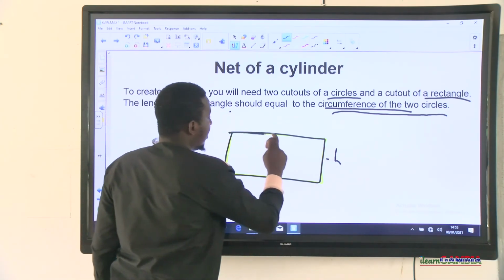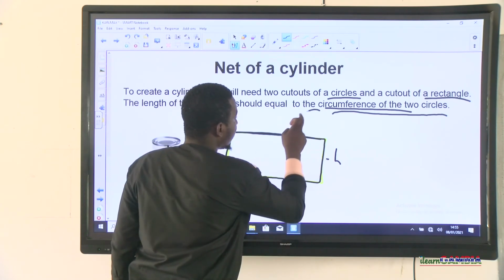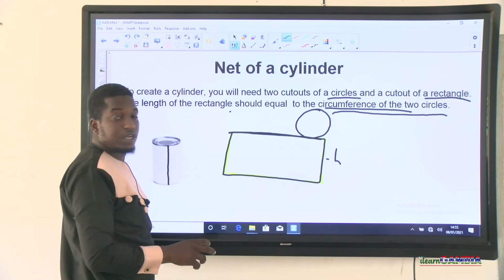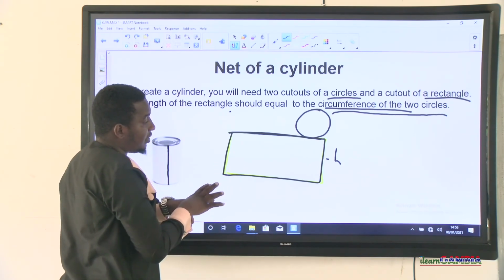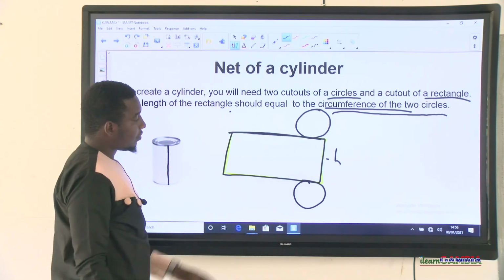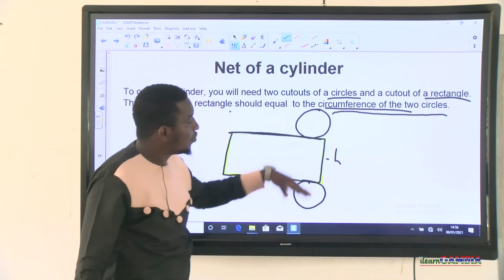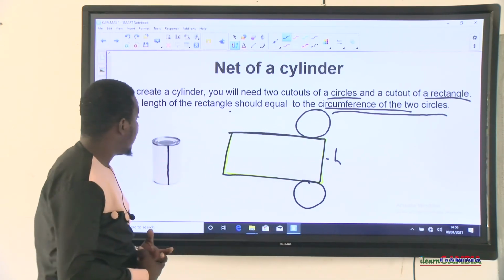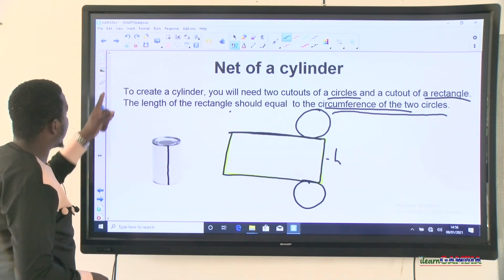We said the length of the rectangle should be equal to the circumference of the circle, the cutout of the circle that we are going to use, so that if you fold it, it will be the same. And then we'll need two circles. We have a rectangle and two circles in such a way that the circumference of the circle is equal to the length of the rectangle. That's what we say about cylinders.